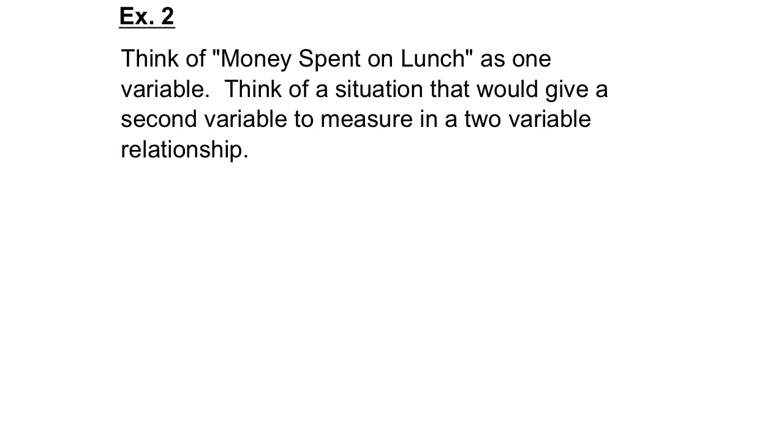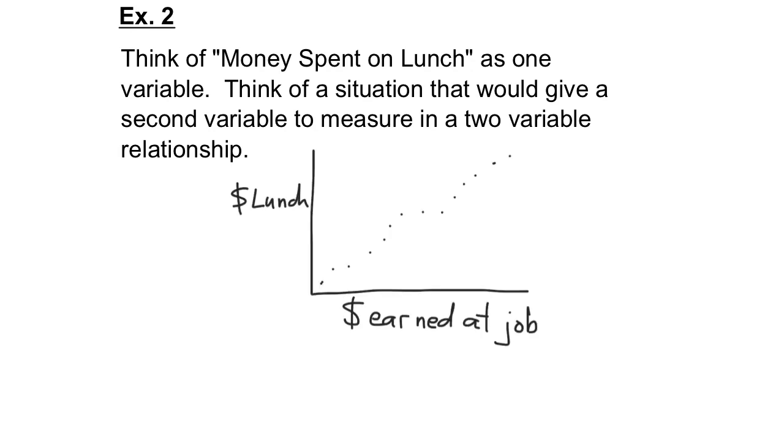I don't know if that made sense the way I said it. I'll give you an example. Maybe that'll illustrate what I'm trying to say. So for example, I could compare the amount of money spent on lunch with the amount of money earned at a job. So perhaps, and I haven't done a study to figure this out, but perhaps the more money people make at their job, the more they spend on lunch.